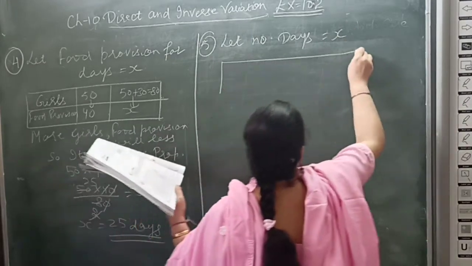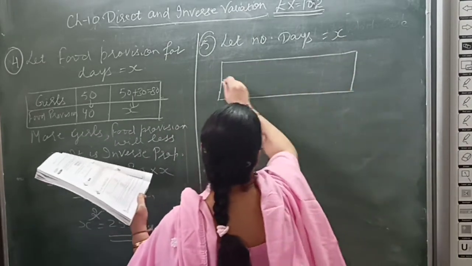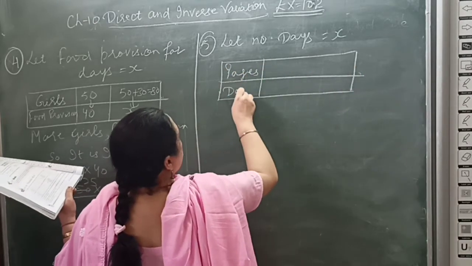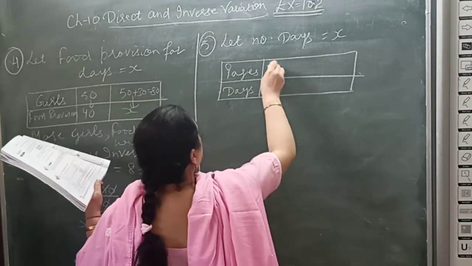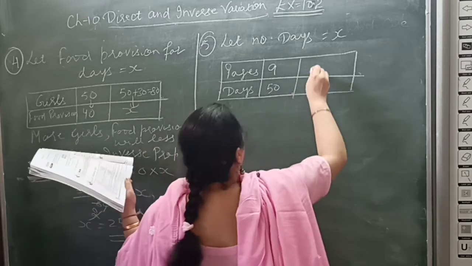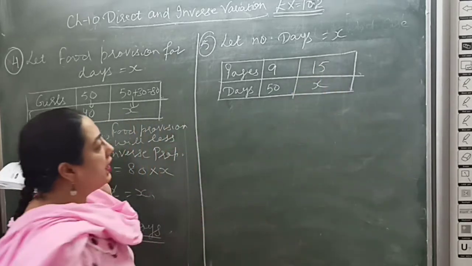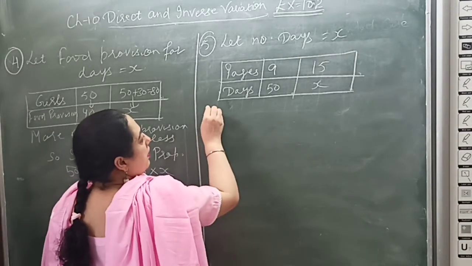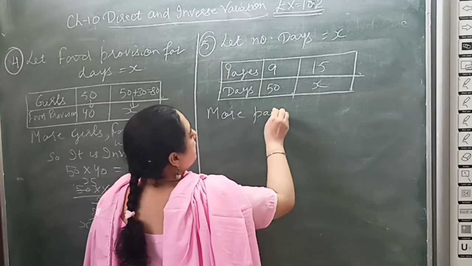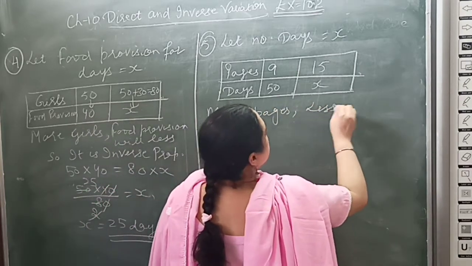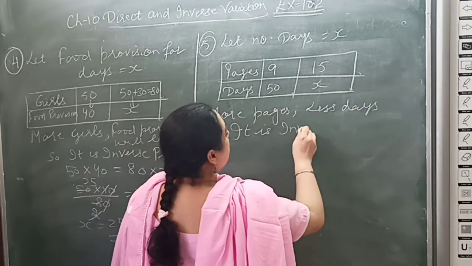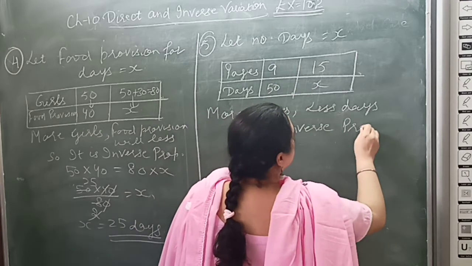Now again make a table. Write down the pages of a book and days here. First of all, she will read 9 pages and finish in 50 days. Now she reads 15 pages and I have to find the number of days. Beta, more pages, then less days she will take. So write down, it is inverse proportion.